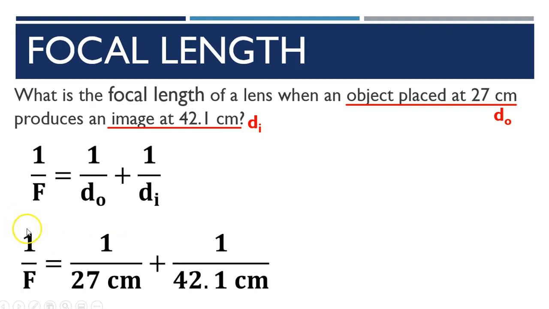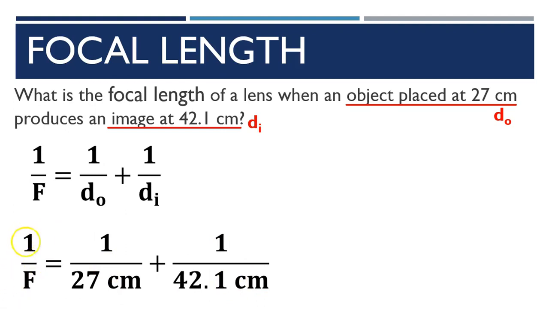We know that we're looking for focal length, so I don't have to rearrange my equation at all. 1 over F is going to be equal to 1 over 27 centimeters plus 1 over 42.1 centimeters. And you can do 1 over 27 plus 1 over 42.1, but you're not finished with that yet. Your final answer is going to then be the reciprocal of that answer.